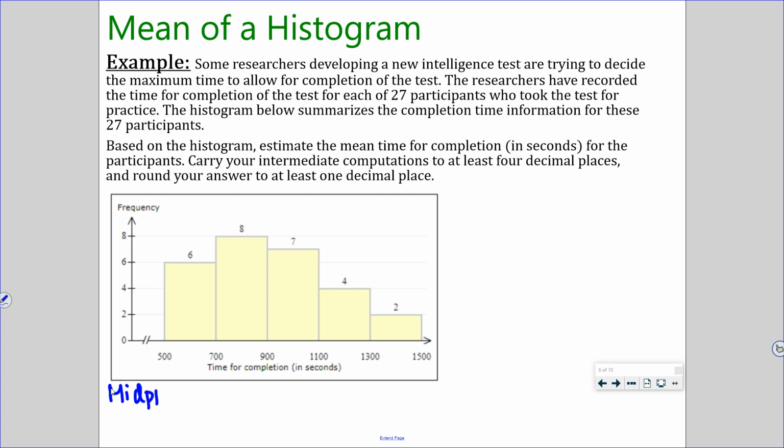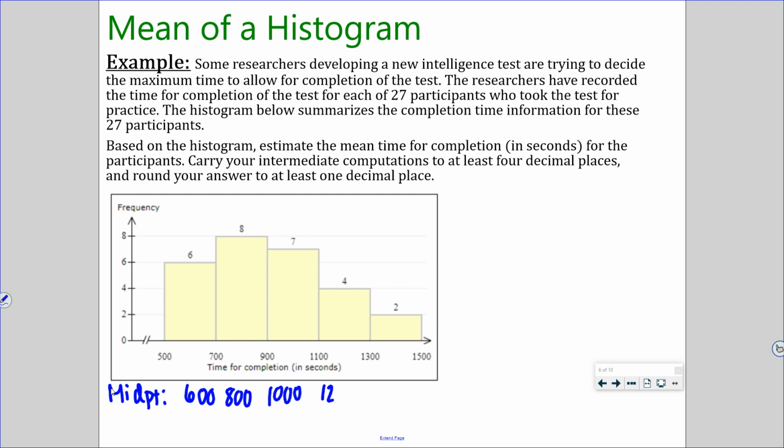So let's just do it down here. What would my midpoint of 500 and 700 be? 600. Thanks, Allison. What about 700 and 900? 800. Thanks, Lydia. 800. 900 and 1100? 1,000.